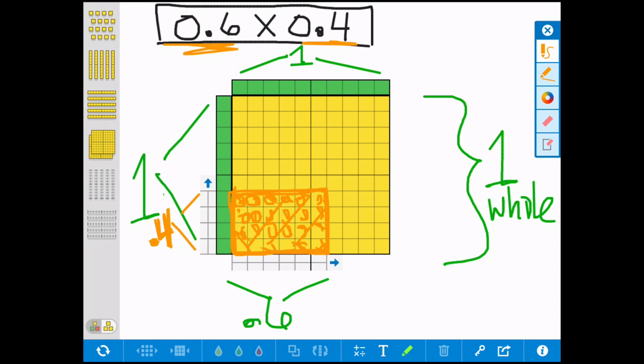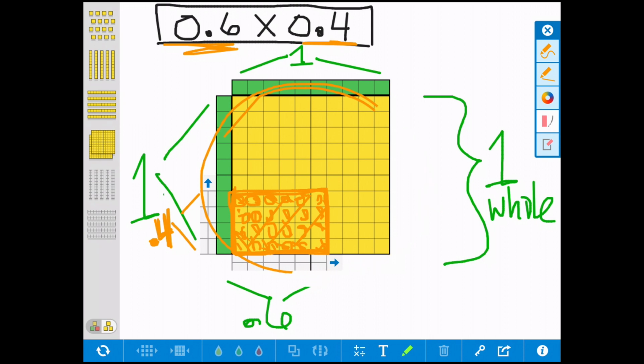But what are these 24? 24 what's? Well, if the entire thing represents, I wish there was an undo button here. There needs to be an undo button.